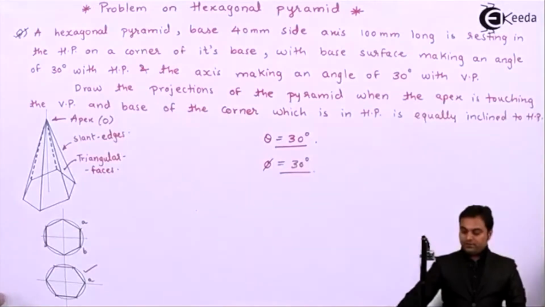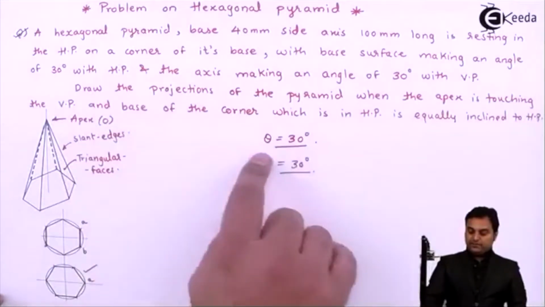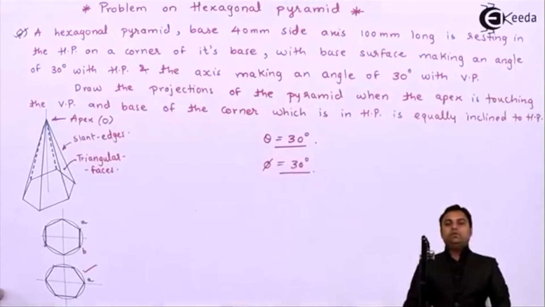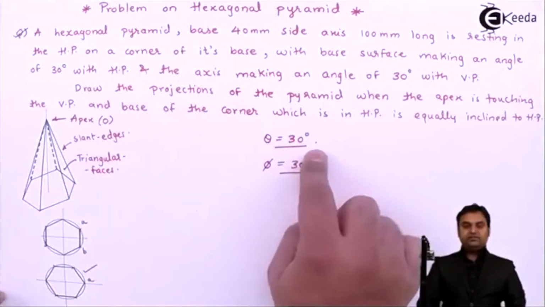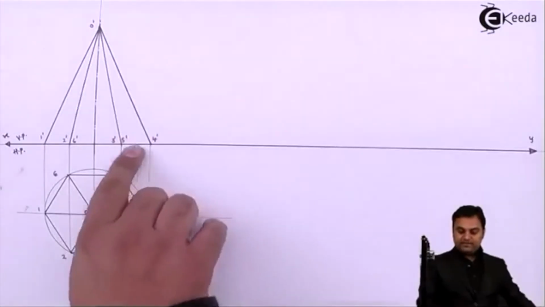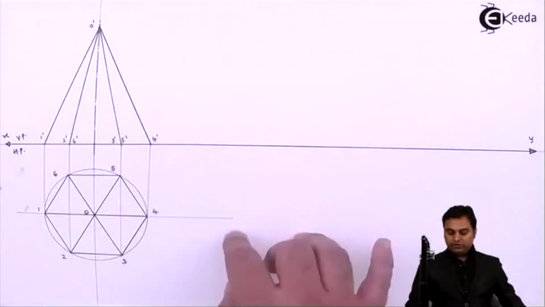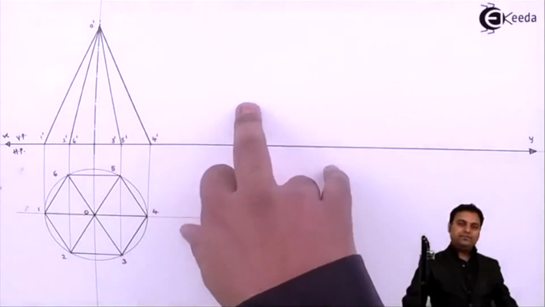Inclination with VP. Now inclination with HP will be seen in VP, and here the base surface is making an angle of 30 degree with HP. So we have to make this base inclined at 30 degree to HP, seen in VP.